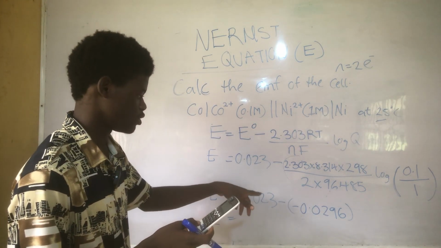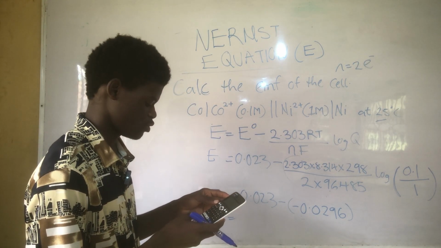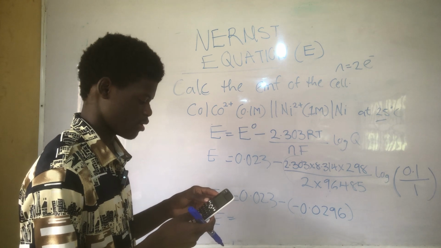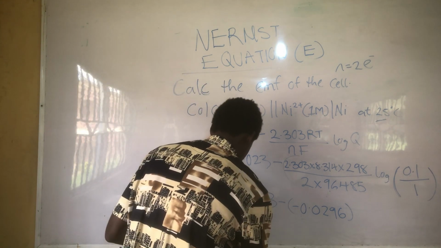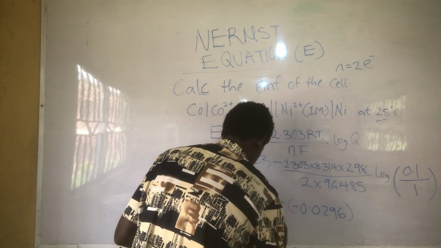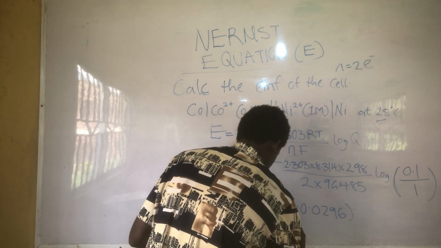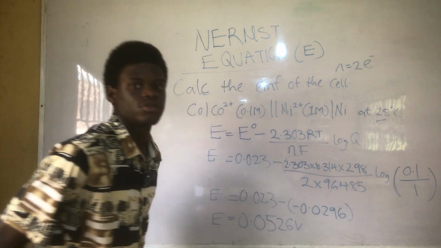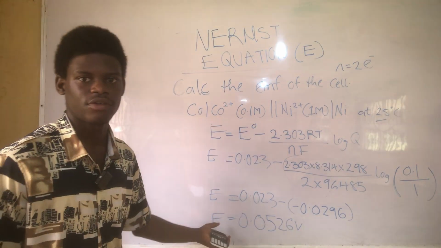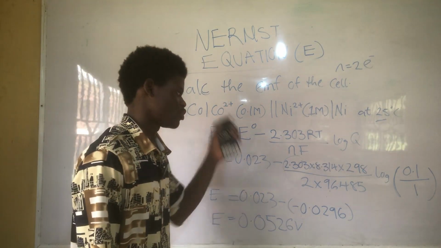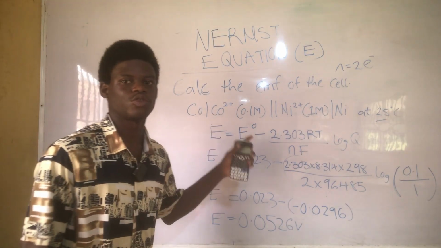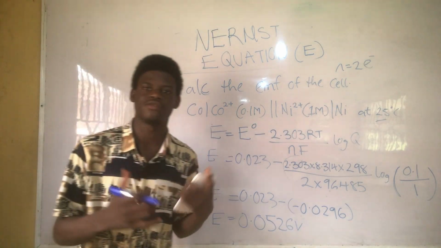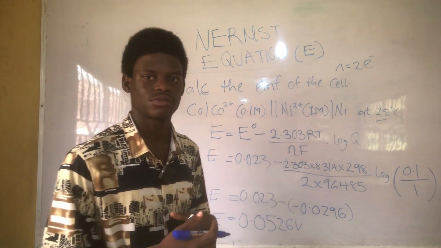That's 0.023 plus 0.0296, and that will give you 0.0526. That's 0.0526 volts. So this is the EMF of the cell. That's what the Nernst equation is about, and that's how to solve a question on the Nernst equation. If you like the video, share it out. Thanks.